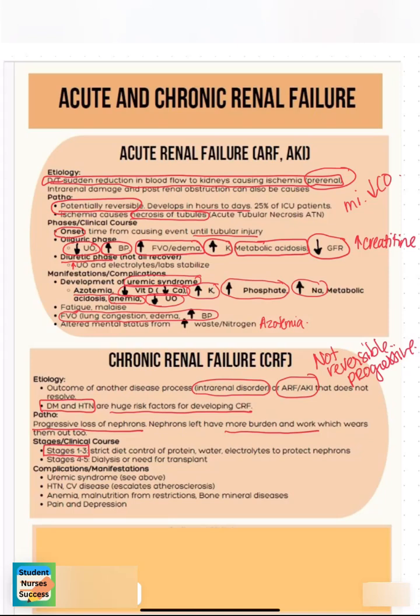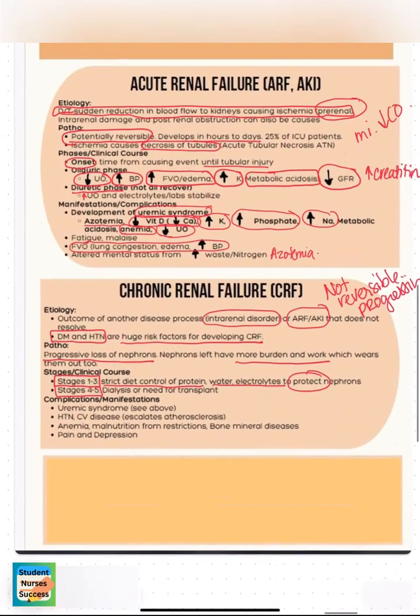However, because we're really trying to protect those few nephrons that are left doing all this heavy work, we have very strict diet control of protein, water, and electrolytes. So we're really focused on protection of those nephrons and making the work easier for them. Once a patient moves into stage 4 or 5, when their filtration rate is pretty low, then they need dialysis or a transplant because their kidneys are not filtering enough at all.